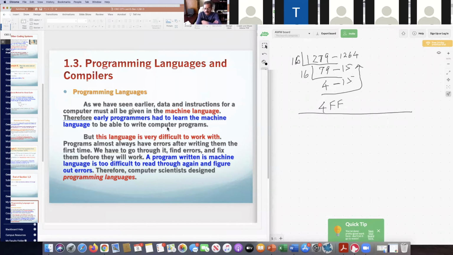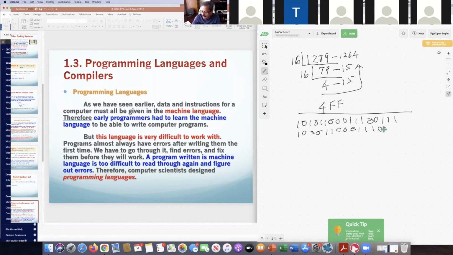The early programmers had to write the programs in machine language. They didn't have any other way. So imagine a program written in machine language. It'll be bunches of zeros and ones, a whole bunch of them. Right now I'm writing a couple of lines only, but imagine having pages and pages of these things. And if you make a mistake, forget it. How do you find the mistake in this program?